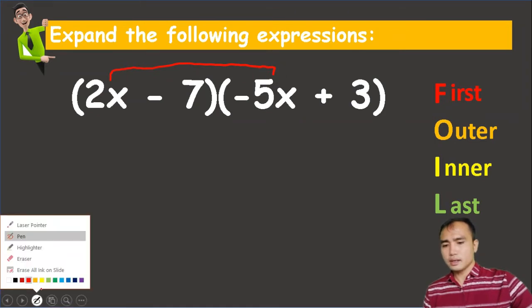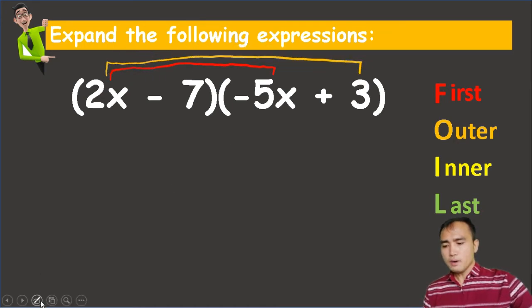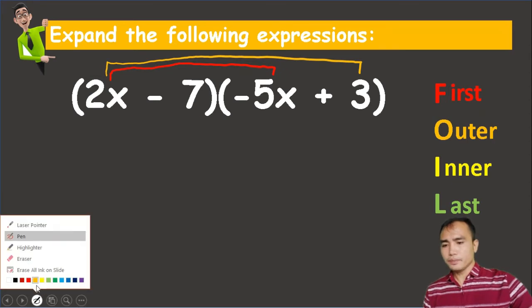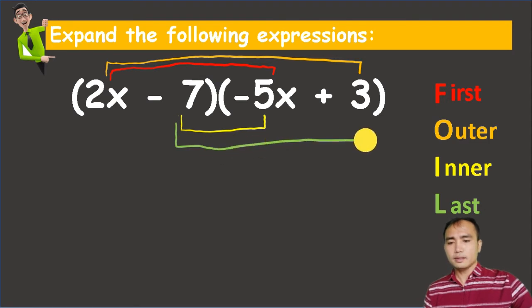Next, outer term, 2x times 3. Our inner term, we have negative 7 and negative 5x. And last term, we have negative 7 and 3.